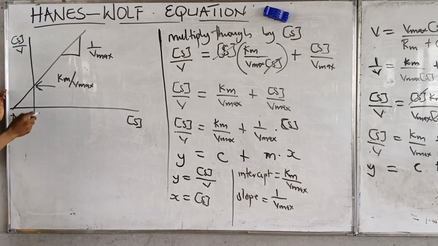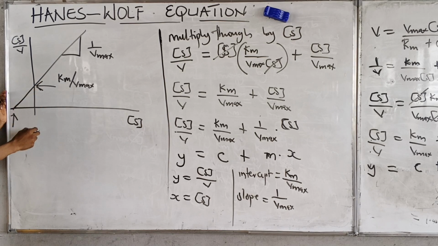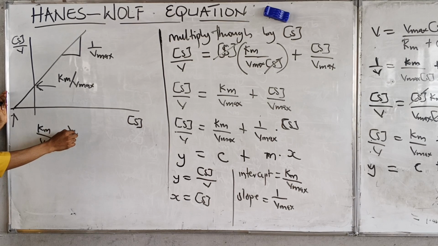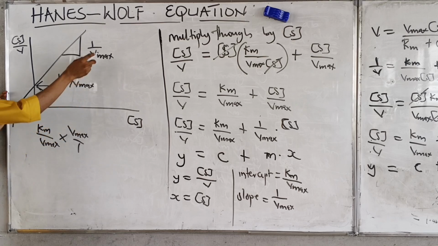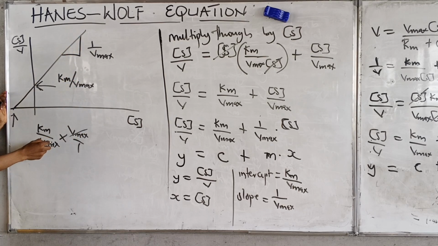Remember what I said, keep the intercept constant, so we'll have Km over V max times the reciprocal of the slope, V max over 1. So this will cancel this, right? So we are left with Km, right? But since this is the negative x-axis, we say here it is minus Km.